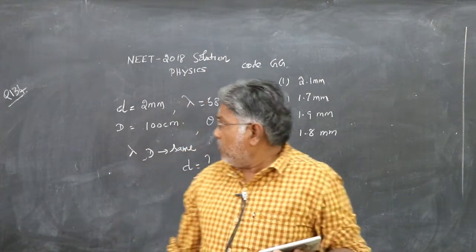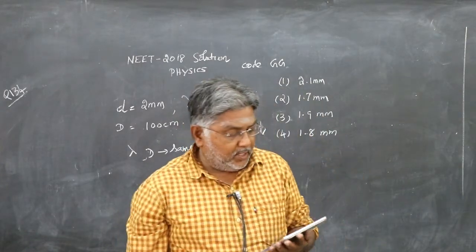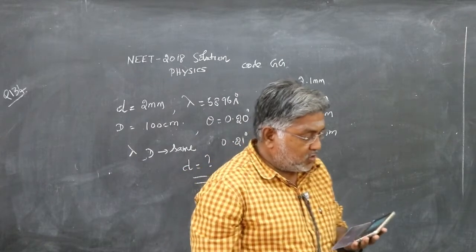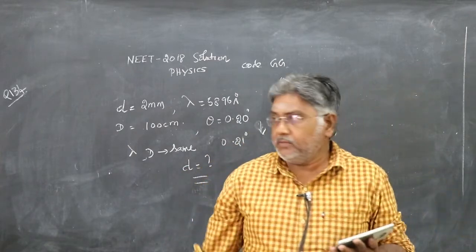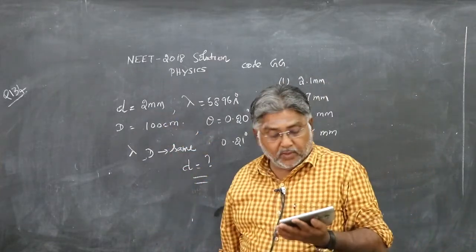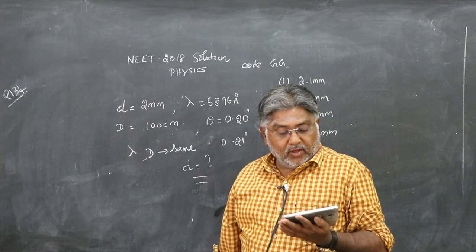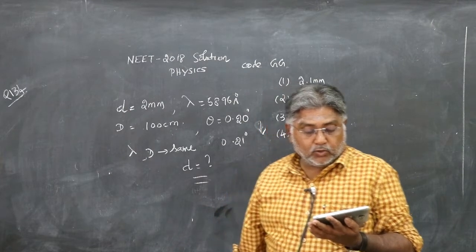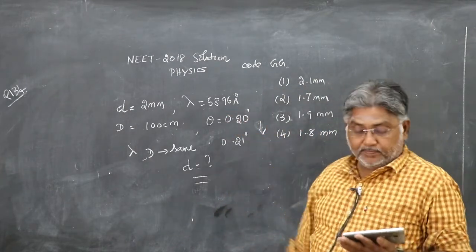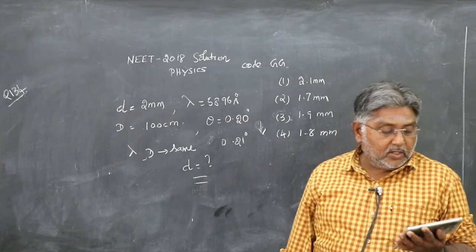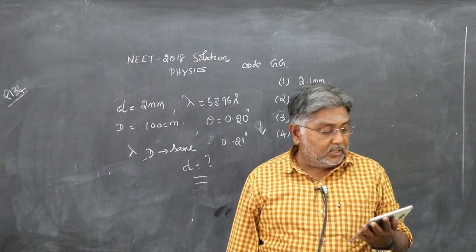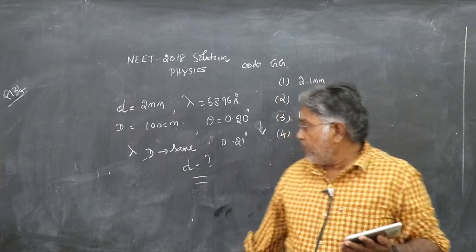Question number 134. In Young's double slit experiment, the separation d between the slits is 2 mm. The wavelength lambda of light used is 5896 angstrom, and the distance D, capital D, between the screen and the slits is 100 centimeter.